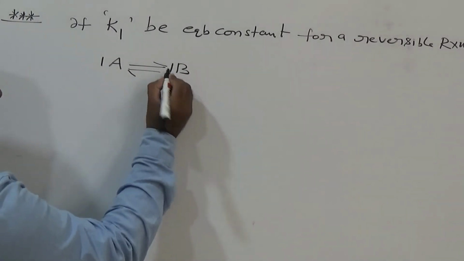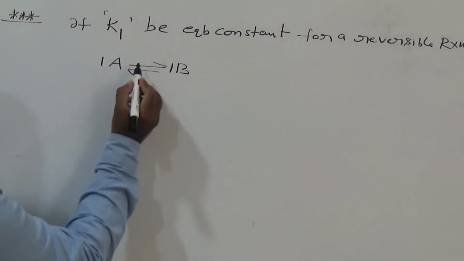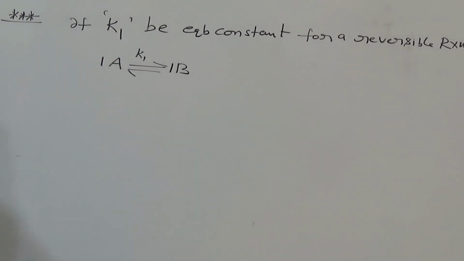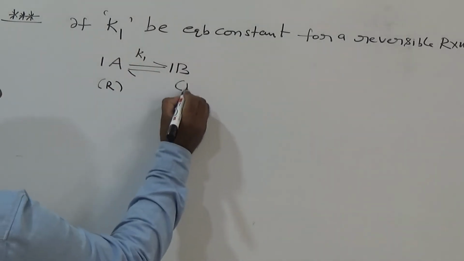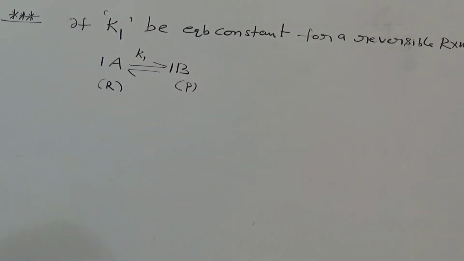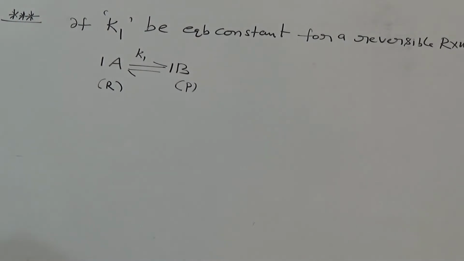What is the quotient here? 1, suppose. Where the equilibrium constant is taken as K1. Understood now? Here I consider one equilibrium reaction. A is the reactant, B is the product. Quotient of A is 1, quotient of B is also 1, suppose.